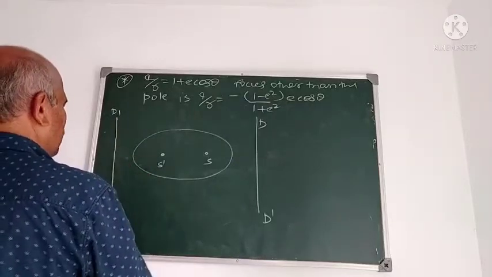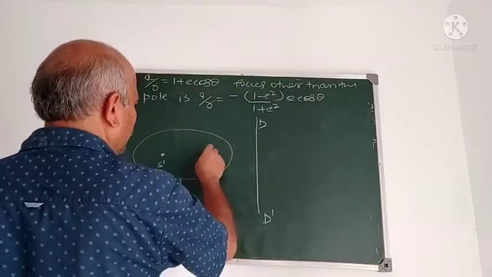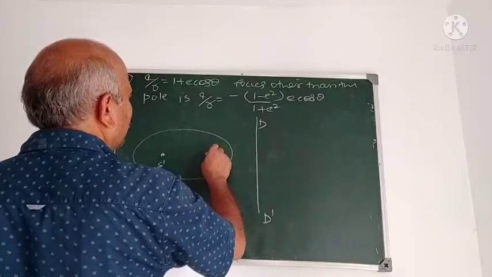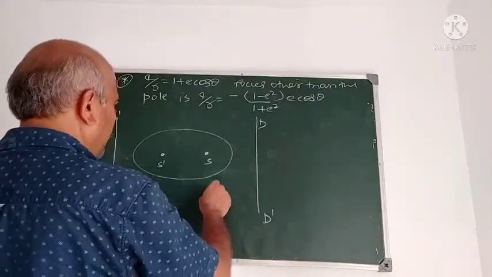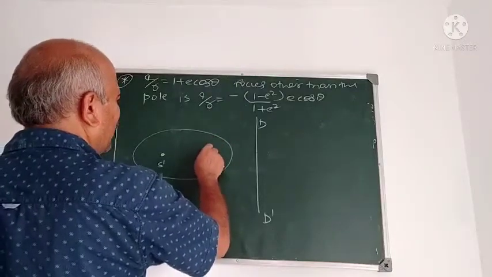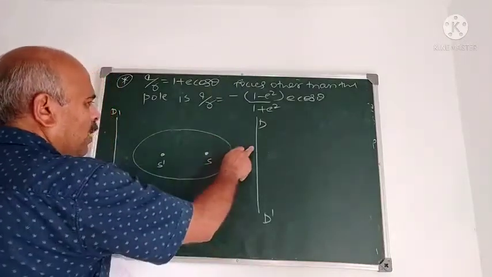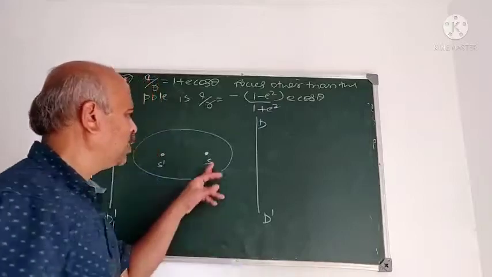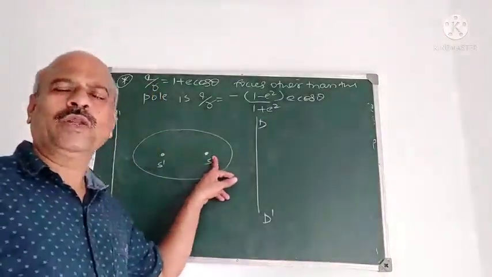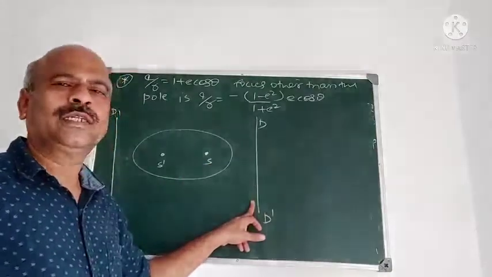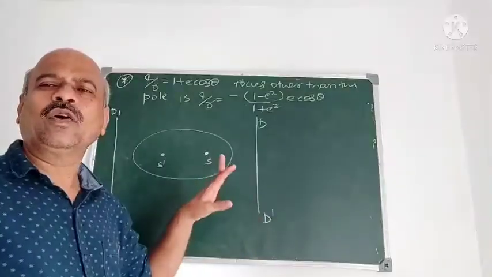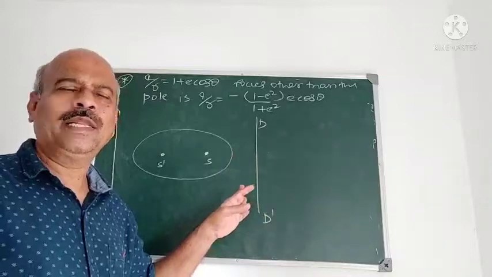Now in the derivation we have taken S as the pole, and already we have obtained the directrix corresponding to this focus. If we take this as pole, corresponding to this focus, what is the directrix? l by r is e cos θ, that we have already derived.